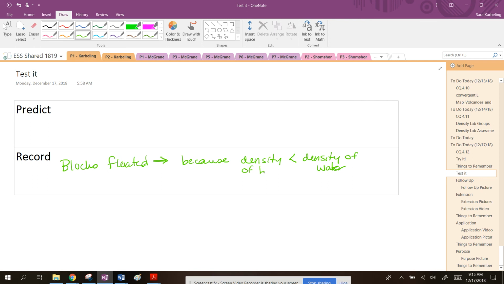The density of the block was 0.58? Is that what you guys calculated? Grams per centimeter cubed is less than 1 gram per centimeter cubed, which is the density of water. We good? All right, I'll be right back.